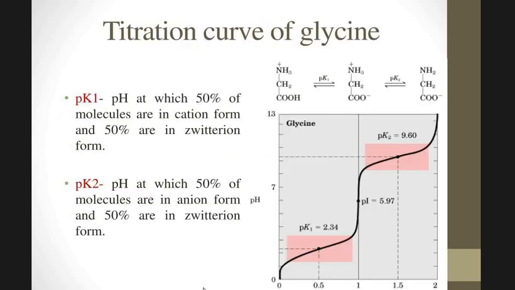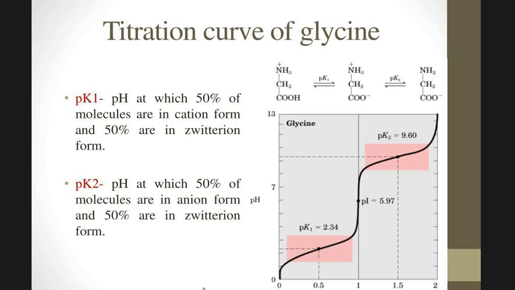Next is the titration curve of glycine. On the x-axis you can see OH negative equivalents, and on the y-axis is the pH scale. pK1 is the pH at which 50% of molecules are in cation form and 50% are in Zwitter ion form, and pK2 at the top, with a value of 9.60, is the pH at which 50% of molecules are in anion form and 50% are in Zwitter ion form.